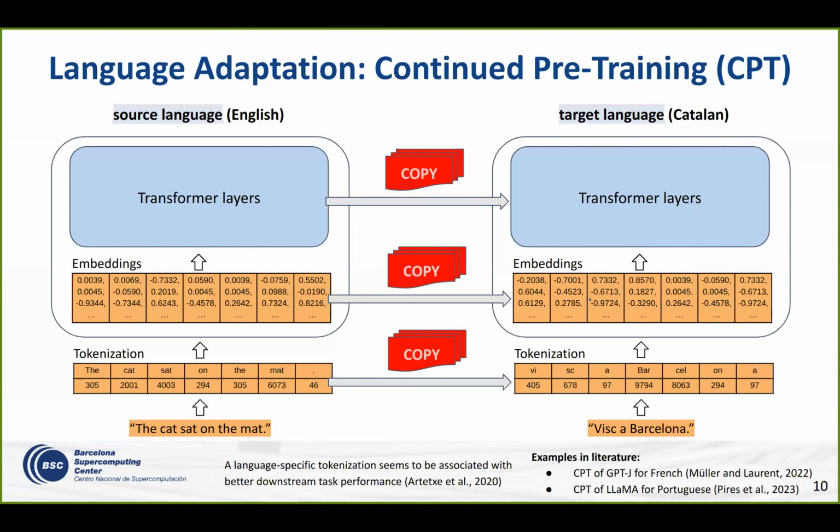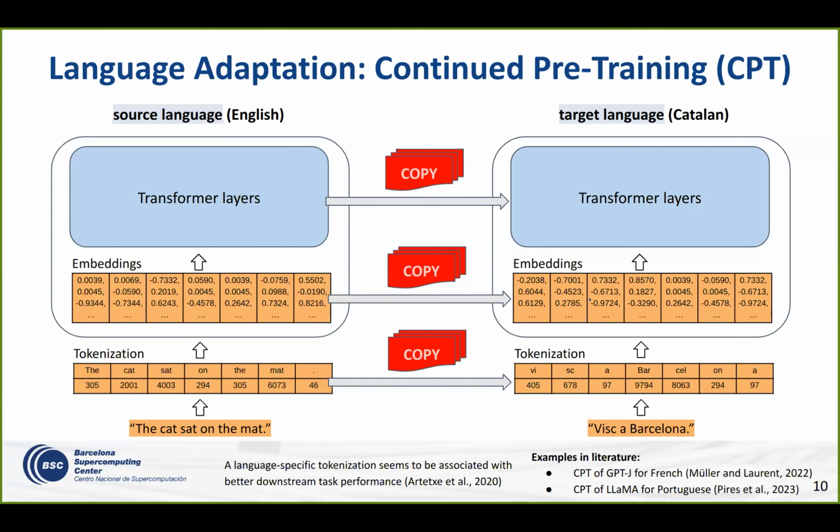Moreover, keeping the source language tokenizer will lead to a more ineffective tokenization and will probably break down more tokens. And if you ask how this is relevant, the answer is that more tokens means that we will need more tokens to represent the text, and then we will need also more time to process these tokens.